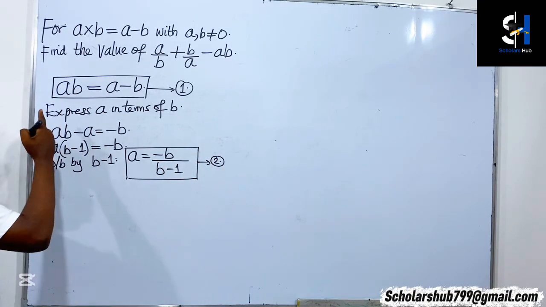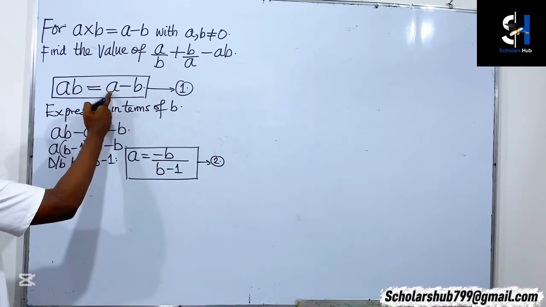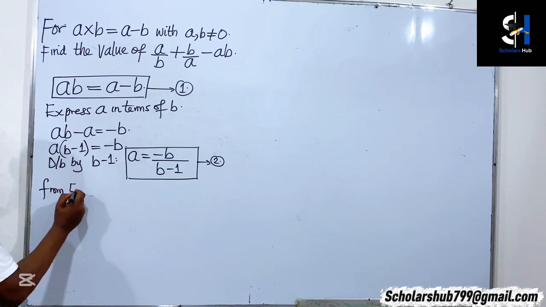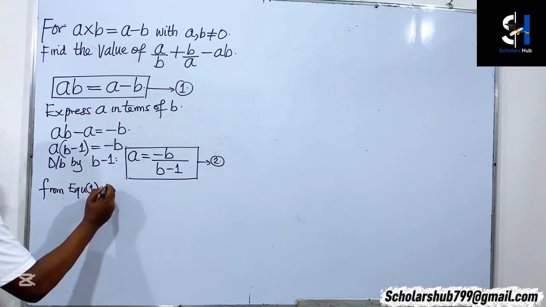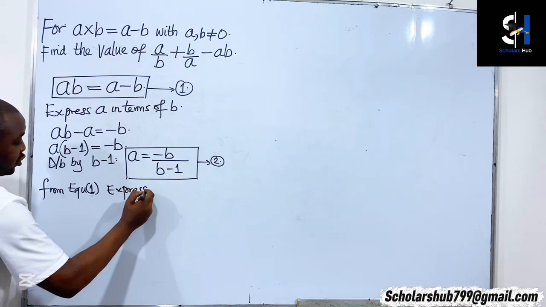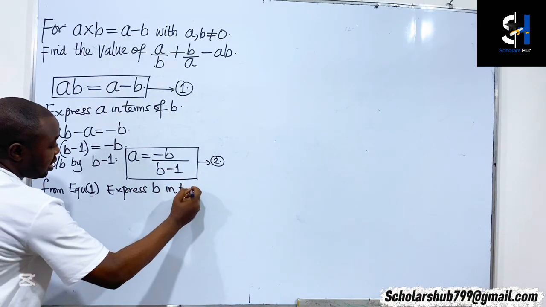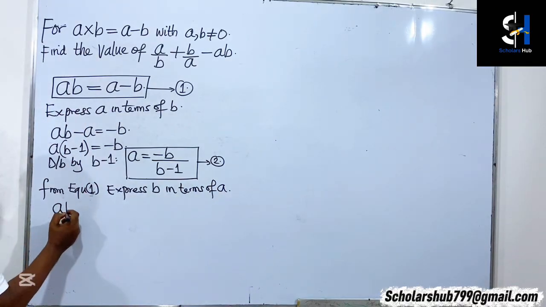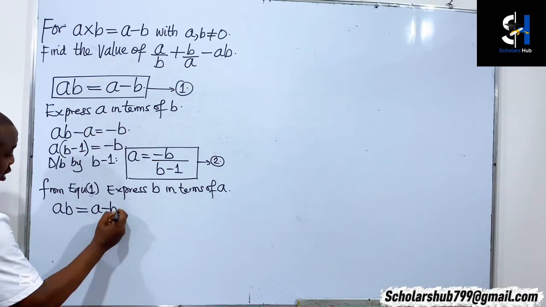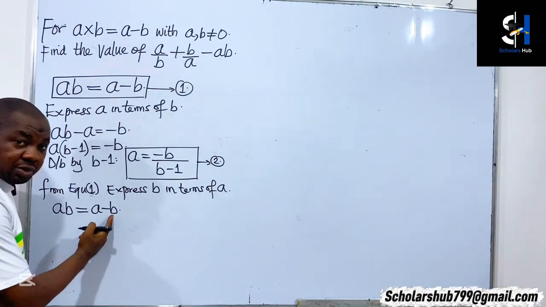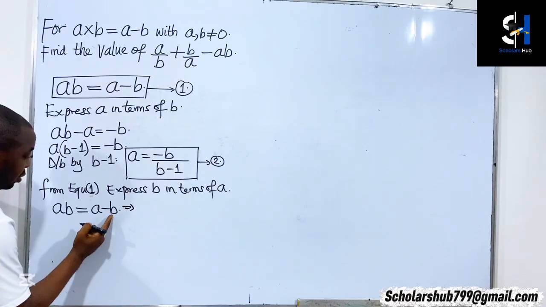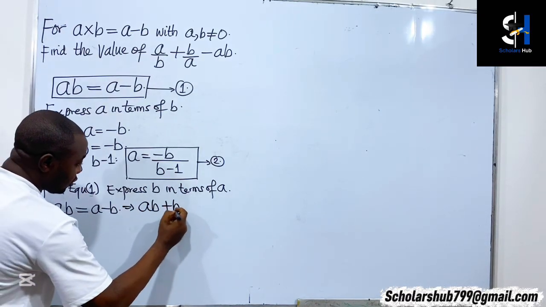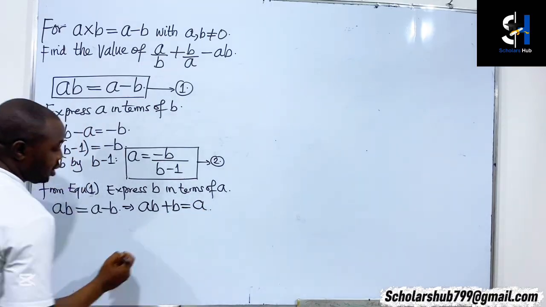Now, from the same equation 1, I'm going to express b in terms of a. We have equation 1 to be ab equals a minus b. To make b the subject of the formula, I'm going to carry this over to the left hand side, so that we have ab plus b equals a.